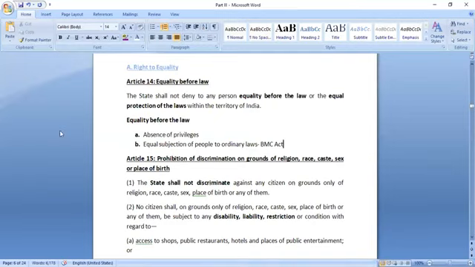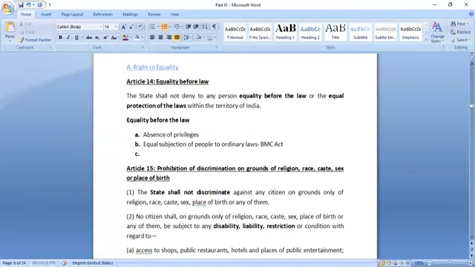So the first one says absence of any special privilege or special treatment. The second one says equal subjection of all the people. If one law is applicable to one section of the people, it should be applicable to other similar people as well. For example, there are restrictions on travel and movement of people because of COVID-19.